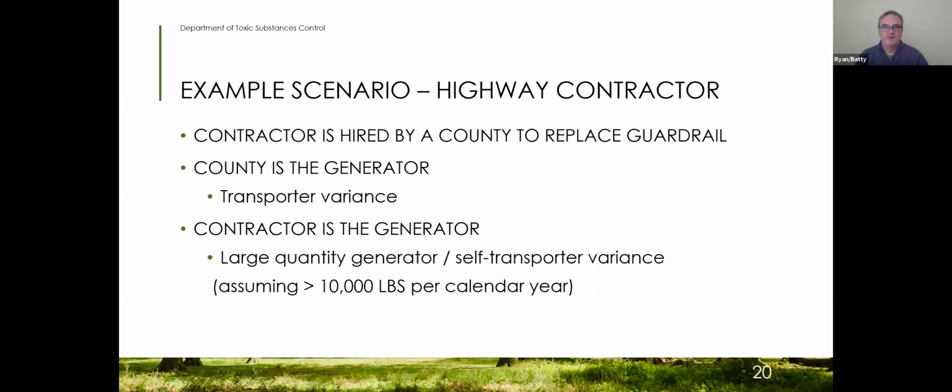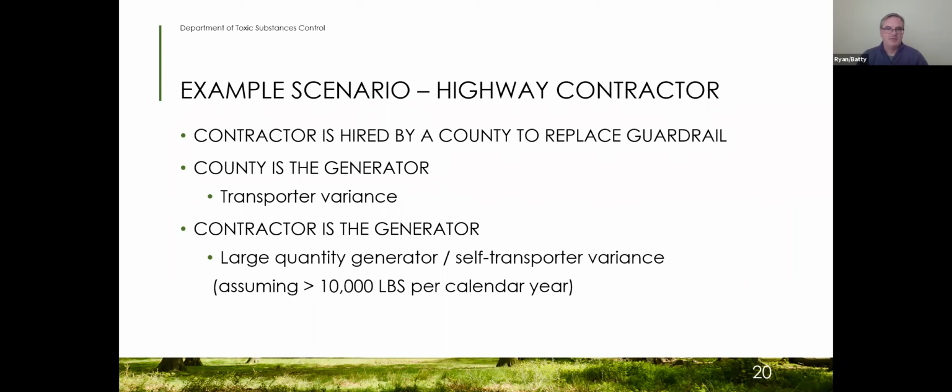So the next scenario we're going to discuss is highway contractors. We got a lot of questions from people that perform highway type work, either replacing guardrail or replacing signage or other activities for either counties or Caltrans. So it depends on who's the generator, but if the county or the owner of the roadway is the generator, then all you would need would be a transporter variance to be able to transport that waste from the point where it's generated to the disposal facility.